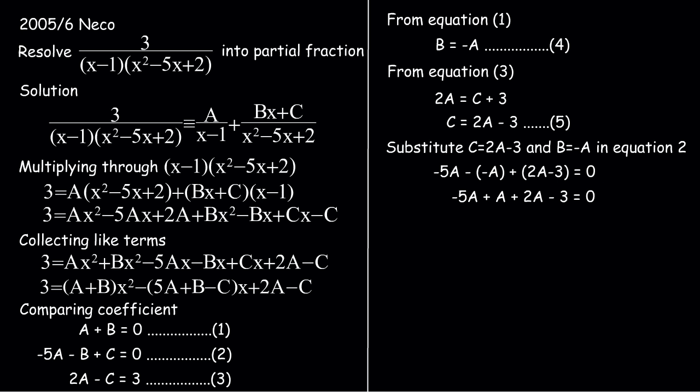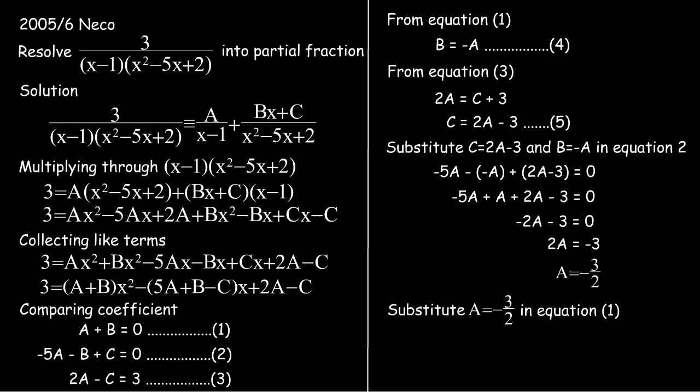Simplifying, it becomes minus 2a minus 3 equals 0. Therefore 2a will be equals to minus 3, and dividing both sides by 2, a will be equals to minus 3 over 2.